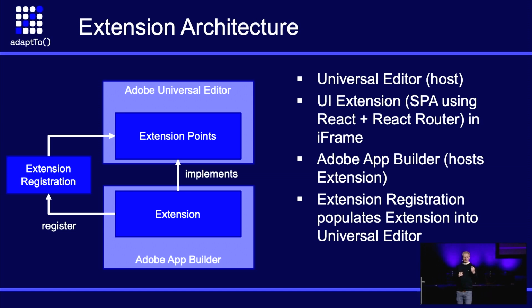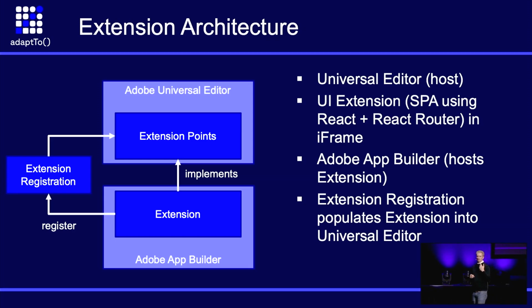Another thing is, once you have written your application, the extension is interchangeable, but we have to register it. That means if you have implemented your extension, you have to give the Universal Editor a hint that you have something they should integrate into the UI. For that, Adobe has written an extension registration.